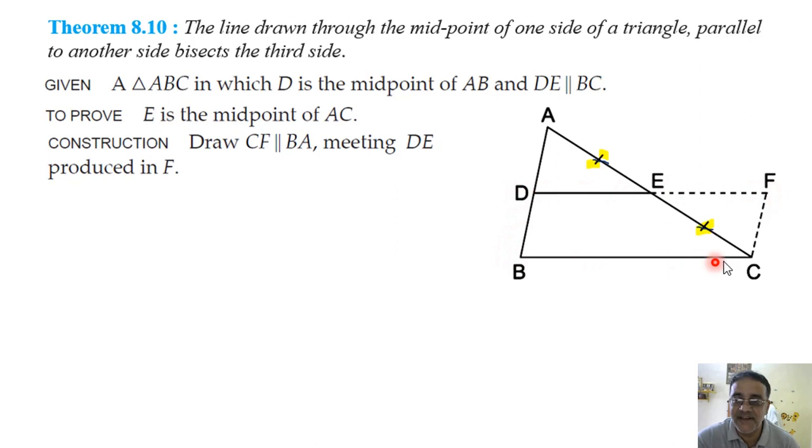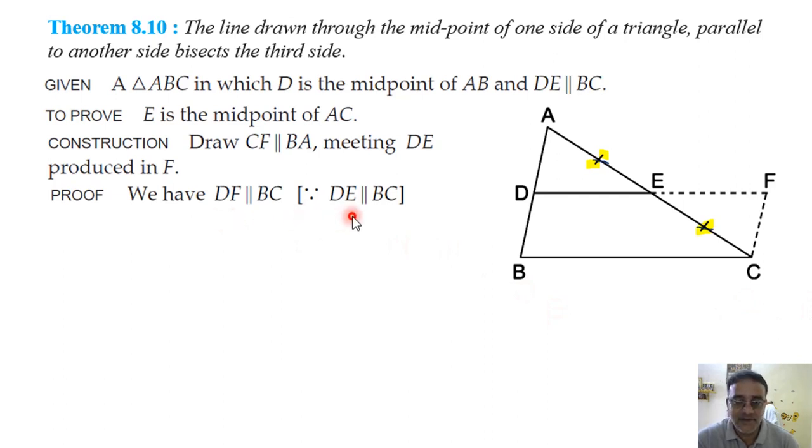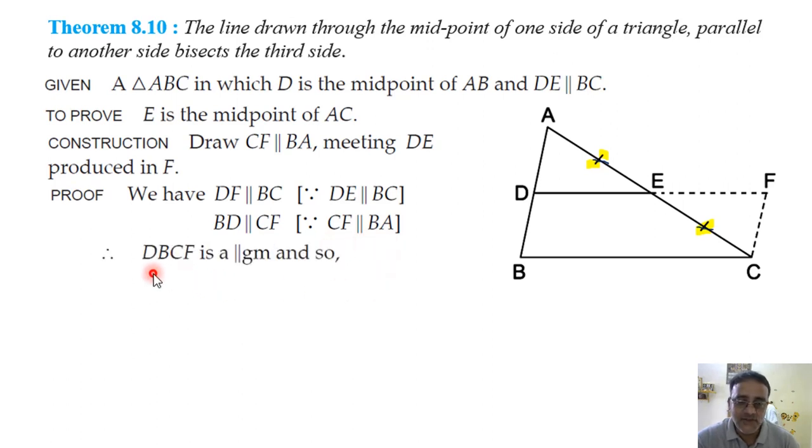So this figure is a parallelogram because both pairs of opposite sides are parallel. DF is parallel to BC, and BD is parallel to CF by construction. So DBCF is a parallelogram.